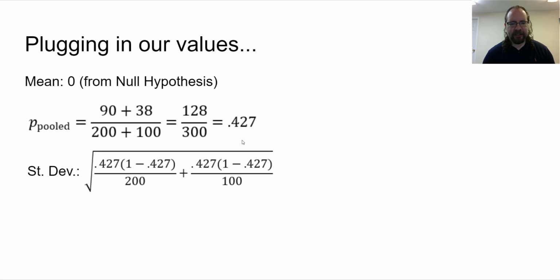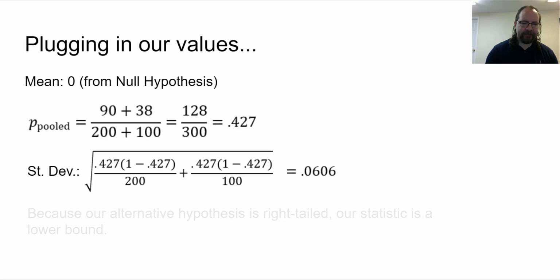Now we actually have to compute the standard deviation, and this is what it's going to look like. We have our pooled proportion of 0.427, and that's going in the two parts of the standard deviation calculation. If we put that into our calculator, we get a value of 0.0606.